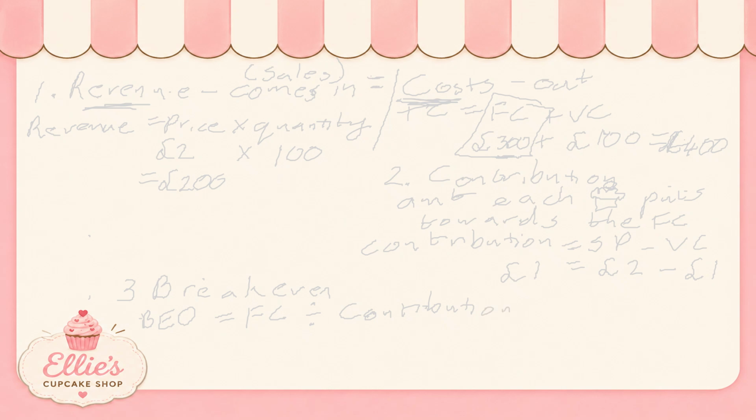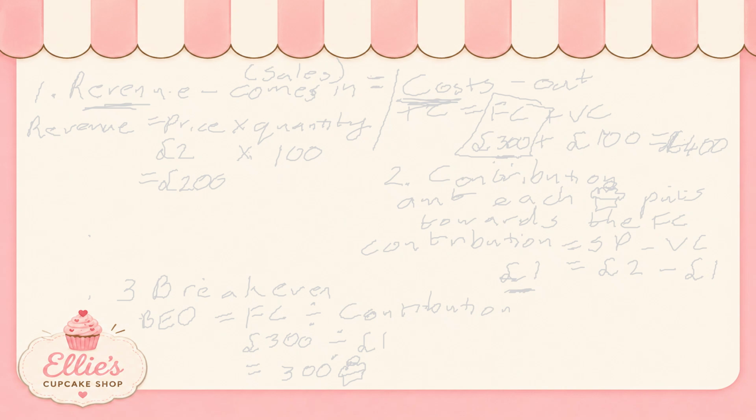We know that her contribution per cupcake is £1. We know that her fixed costs were £300. So we've got 300 divided, nice easy numbers, by £1 means her break-even output must be 300 cupcakes. She must make and sell 300 cupcakes so that her costs equal her revenue. Can you see that? Okay.